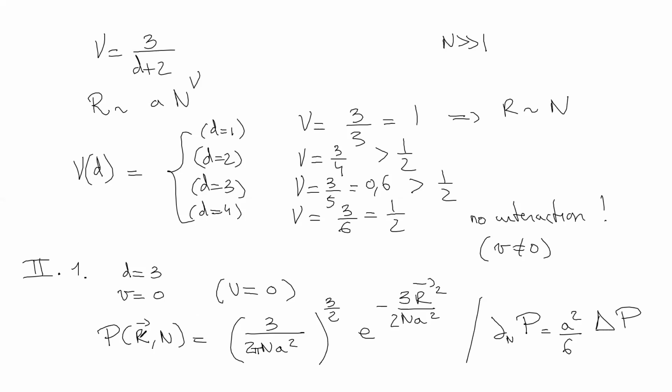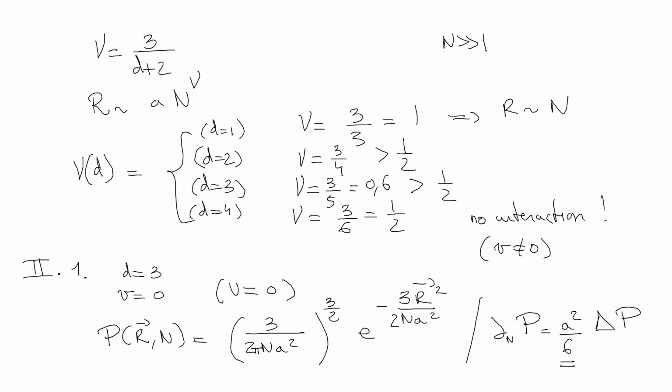This is in 3D. And let me just stress the fact that this a²/6 that appears here was in fact 1/2 times 1/3 times a squared. Remember, we did a Taylor expansion within the Markovian identity, and we went to the second order. So when you do a Taylor expansion at order 2, there is a 1/2. And this 3 here was the fact that we were estimating the average of R squared, R being the length of one monomer.